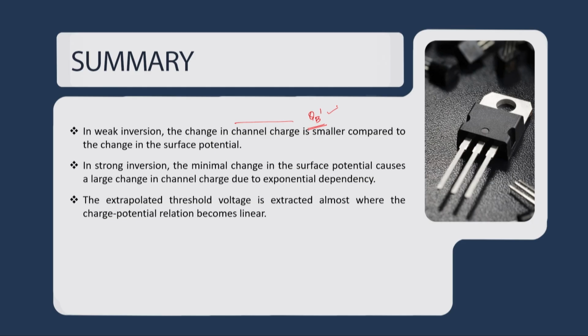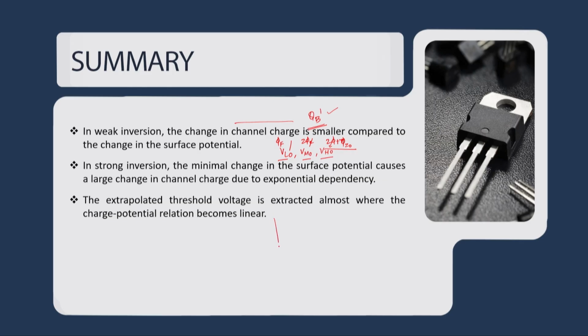We have also seen the values of gate voltage, defined as VL0, VM0, VH0. These are the onset of weak inversion, onset of moderate inversion, and onset of strong inversion, corresponding to which the surface potential is phi f, 2 phi f, and 2 phi f plus phi z0 and even more. Accordingly, we said how we can classify weak inversion and strong inversion.